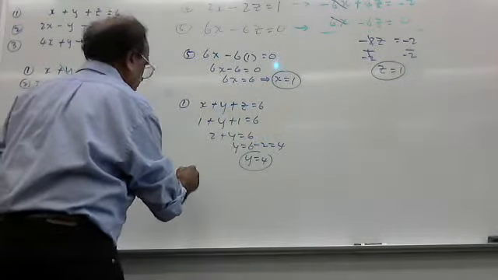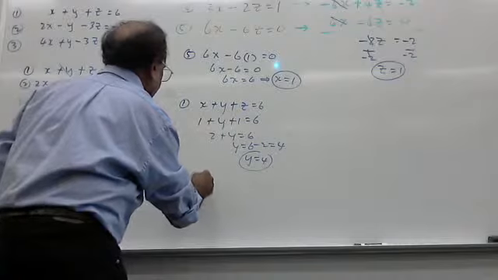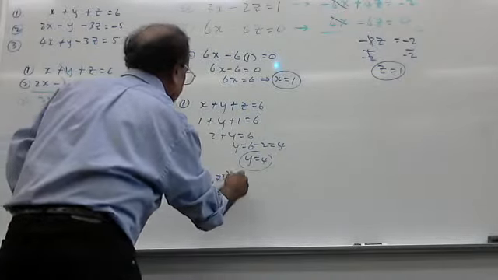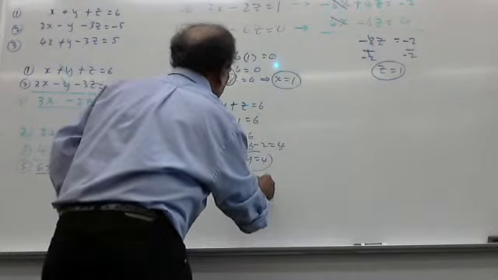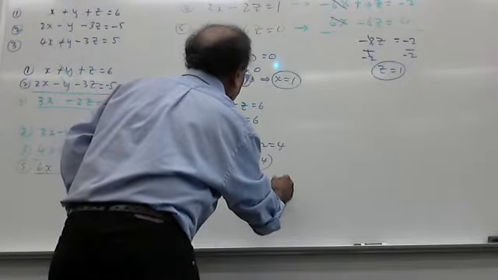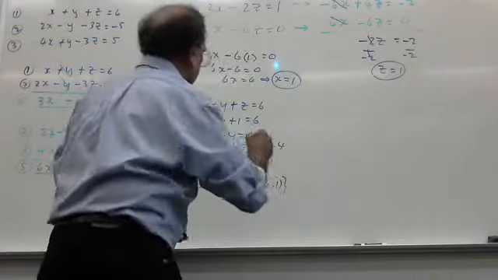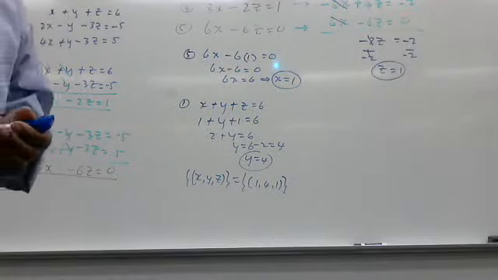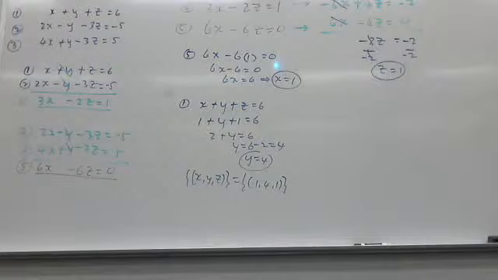And our ordered triple, x, y, z, is going to be equal to 1, 4, 1. All right? So that's our solution. The ordered triple. X equal to 1, y equal to 4, and z equal to 1.